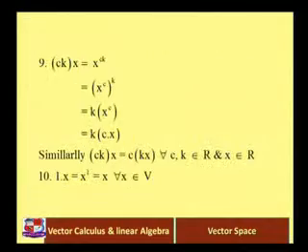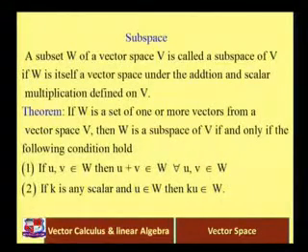So next topic, subspace. First of all we see the definition of subspace. Now what is called a subspace? A subset W of a vector space V is called a subspace of vector space V if W itself is a vector space under the addition and scalar multiplication defined on V, okay.